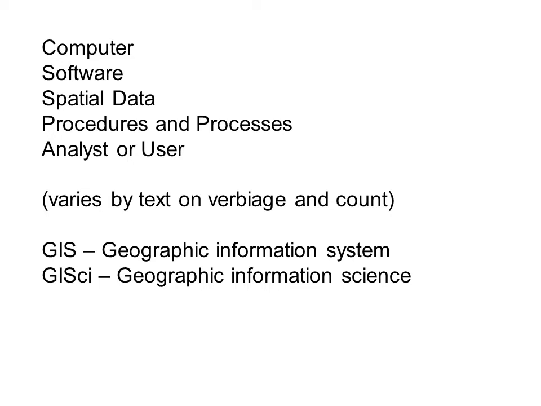We're going to stay above the fray in this context. We're not going to focus on who's right and who's wrong in terms of whether we're teaching GIS or GI science. We're going to focus on making sure that you understand the systems and the science, and we're not going to get wrapped up in what we label it.